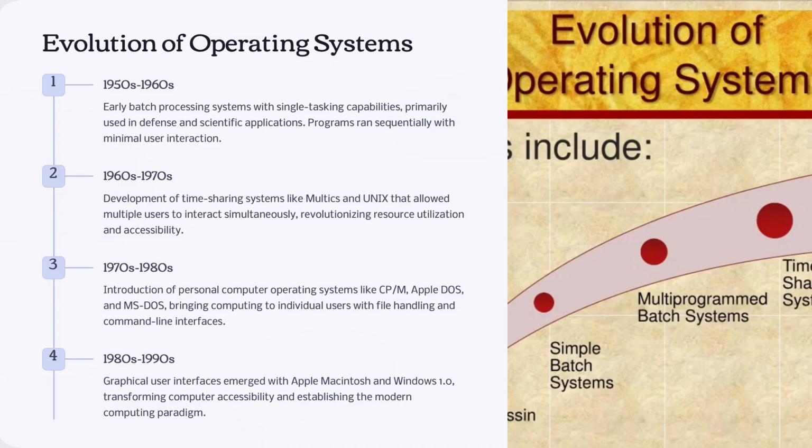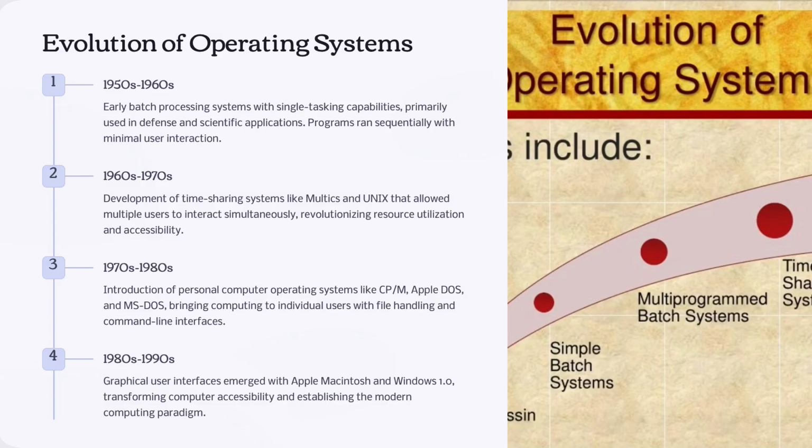Evolution of operating systems. Operating systems have evolved dramatically. In the 1950s to 60s, batch systems handled single tasks. After that, in the 1960s to 70s, time sharing with multics and Unix enabled multiple users.